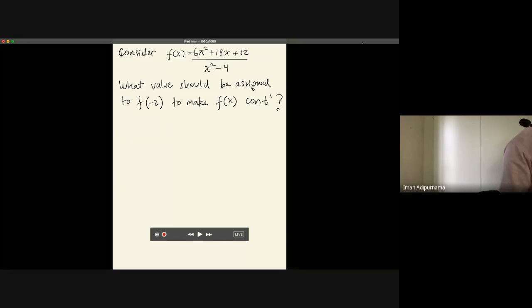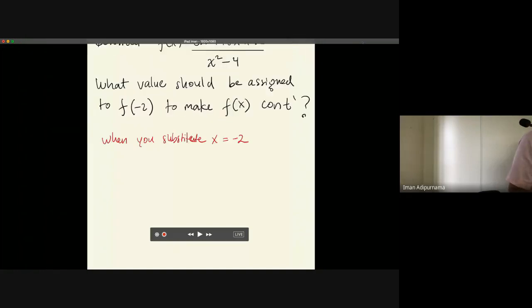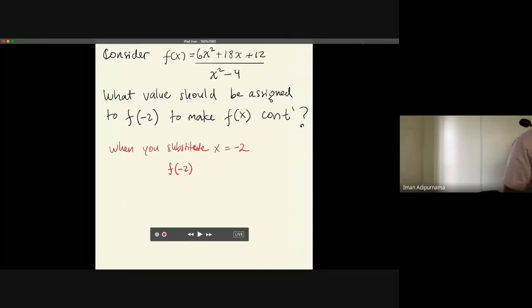Remember that when you evaluate the limit, when you substitute x equal -2 into your function, based on this definition, what will happen? 24 becomes negative 24, negative 6 plus 12.